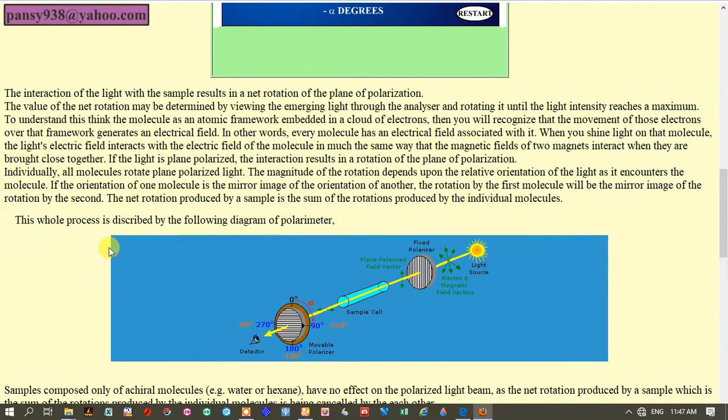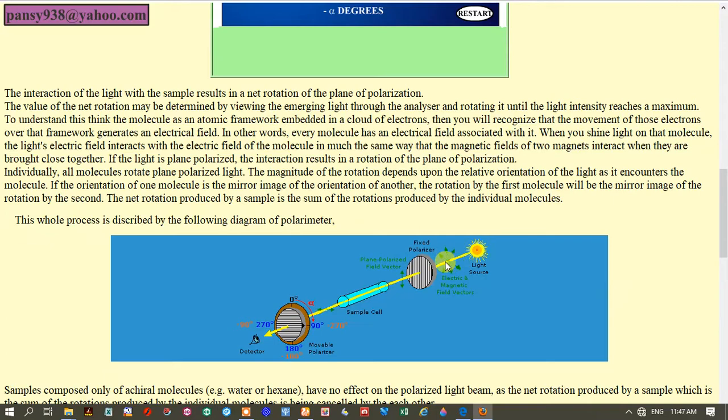The whole process is described by the following diagram, in which a polarimeter is used. You see that here is a light source from which non-polarized light is coming out.